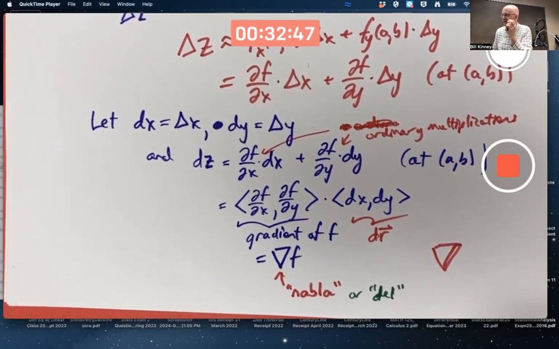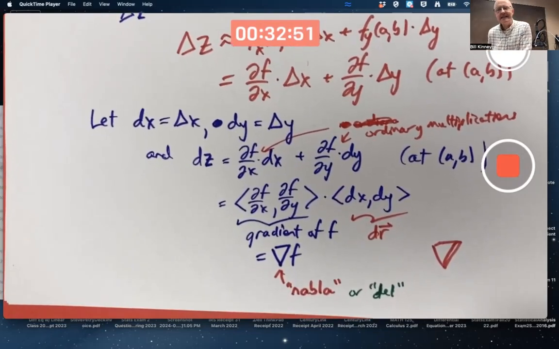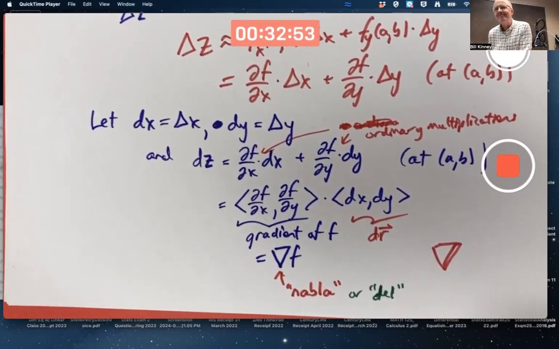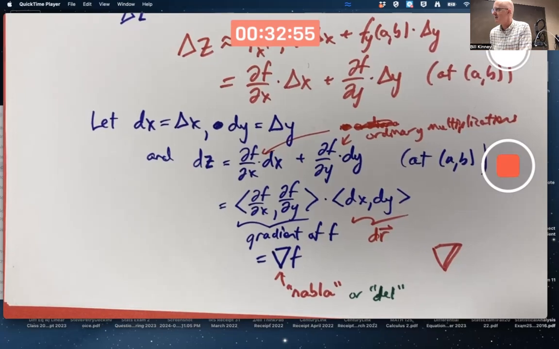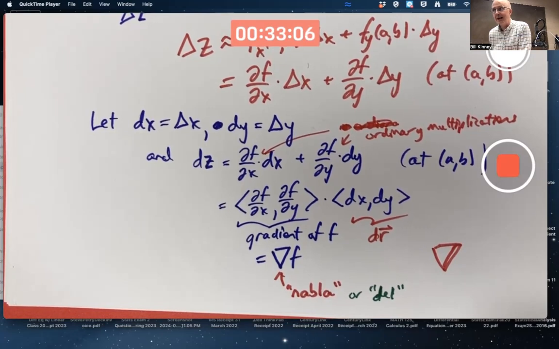Infinitesimals don't actually exist. There is no such thing as a smallest positive real number. You can always divide by 2 and get a smaller positive real number, or square it and get a lot smaller one. 10 to the negative 100 squared is 10 to the negative 200, which is 10 to the 100 times smaller than 10 to the negative 100.